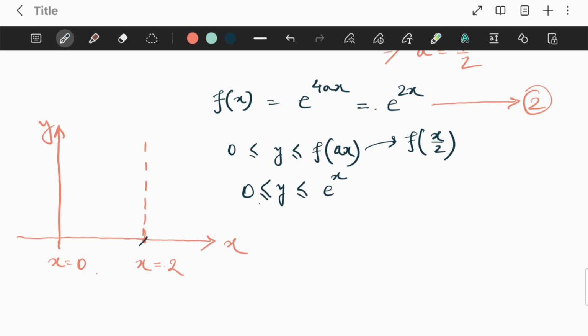So if I bound with that value of y, then the area would be: y equal to 0 means this, and y equals e to the power x means this. This would be my y equal to e to the power x. The question asks me to find this area.